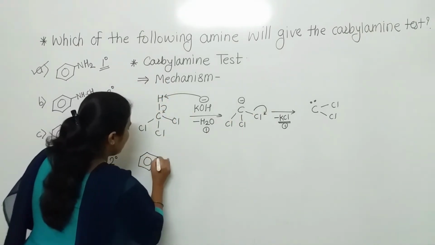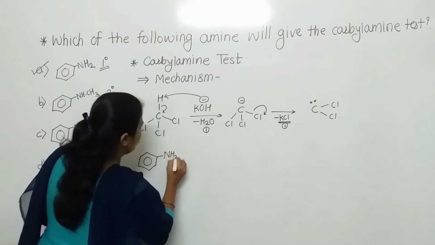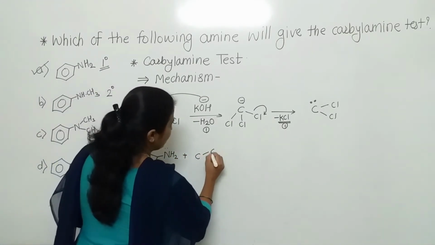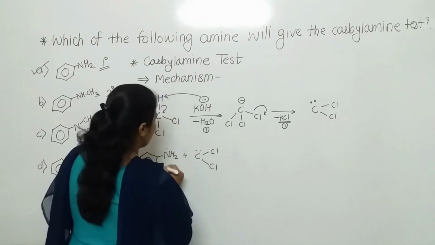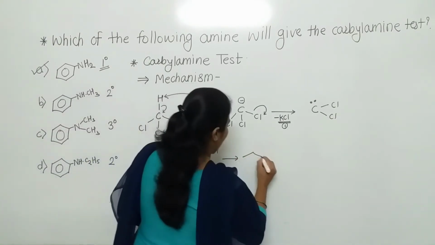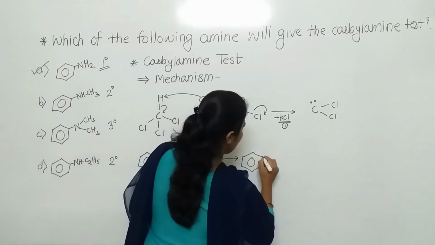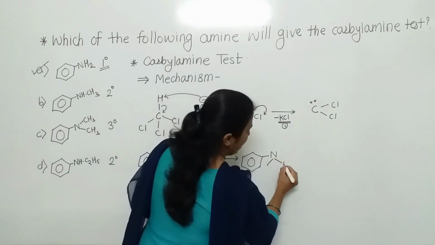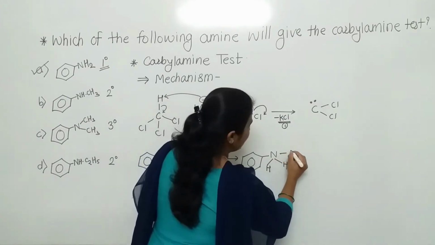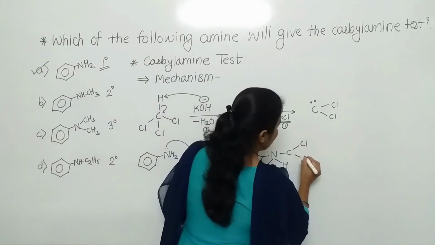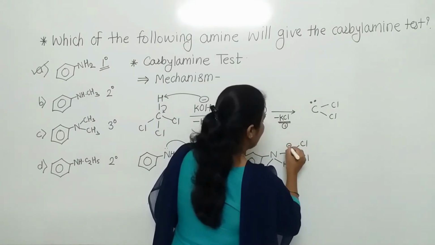From here starts the reaction with the primary amine. Aniline, here the nitrogen group has a lone pair. That lone pair will attack this carbon, and in this way we get the benzene ring, nitrogen. To that nitrogen 2 hydrogen atoms are there. Again it is bonded with this carbon, which is attached to 2 Cl with a negative charge.